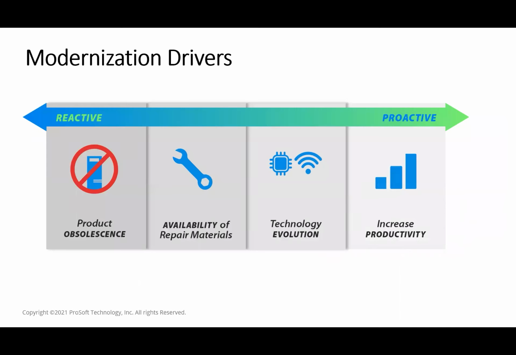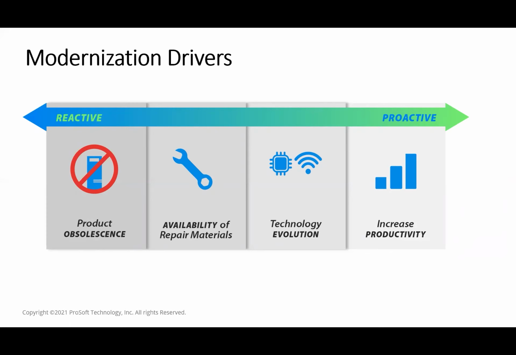So modernization drivers can be reactive or proactive. The reactive driver is typically obsolescence, right? Utilities react to things like getting parts and skills obsolescence, or due to funding or lack thereof, the life of existing assets may need to be extended. Can they squeeze every last year out of that service life?